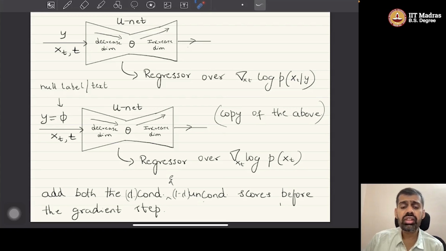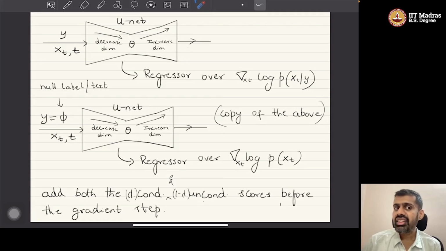Compute a regression over both of them, add the gradients and backpropagate through the same neural network. There aren't two neural networks here. It's the same neural network, where one takes an input of y and one takes an input of the null text, and you add them and backpropagate once using the gradient of both.